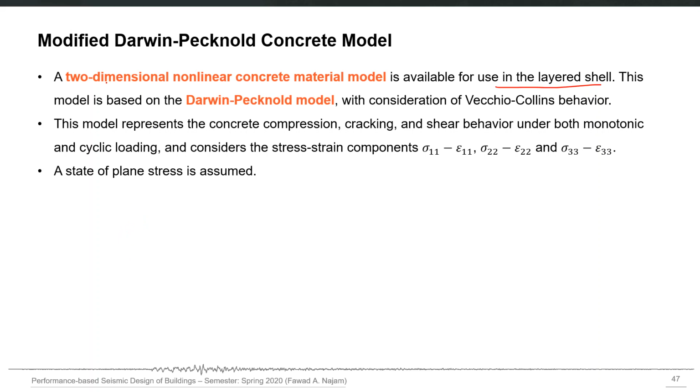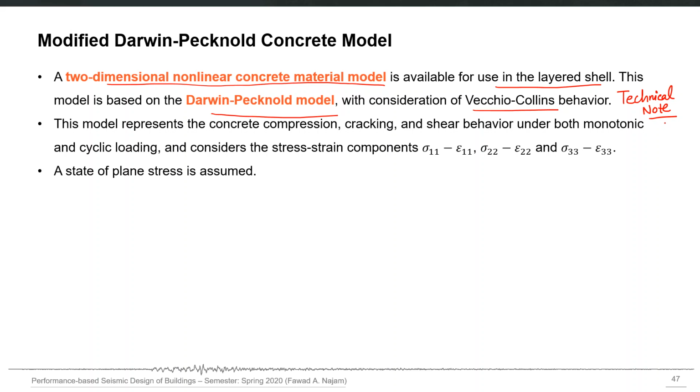But this is a two-dimensional nonlinear concrete material model, and it is based on the Darwin-Pecknold model with consideration of the Vecchio-Collins behavior, and there is a technical note with ETABS about this particular stress strain behavior. This is only available for layered shell element and not for fibers.